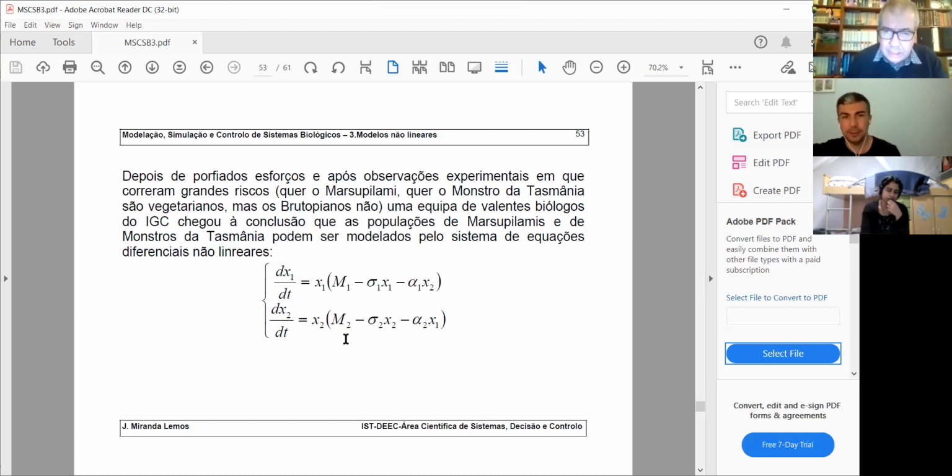So 0, 0 is an equilibrium. Now, deciding whether they become extinct again or they grow means what in terms of our language of system theory? Is the equilibrium what or what?